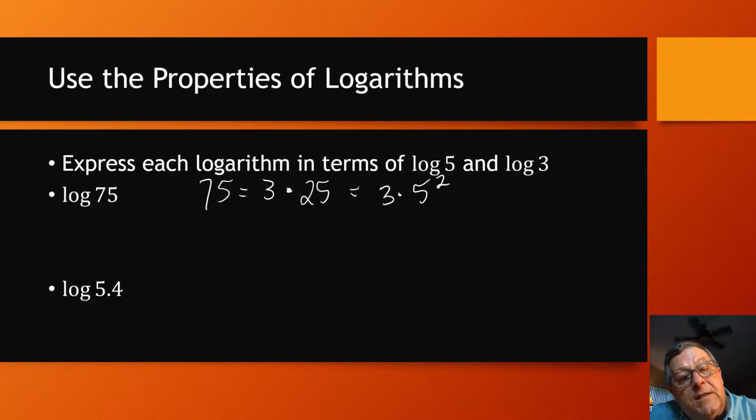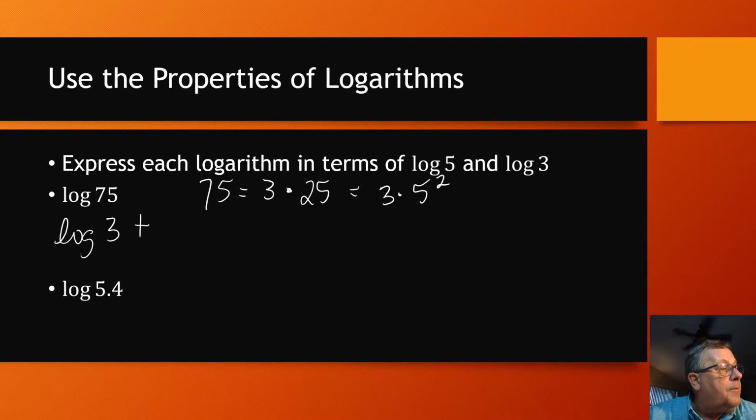So I could then say that this is log of 3 plus, remember, if we're thinking about exponents, I add them. Now, 5 squared, the power property would say I would take that exponent and move it out front.